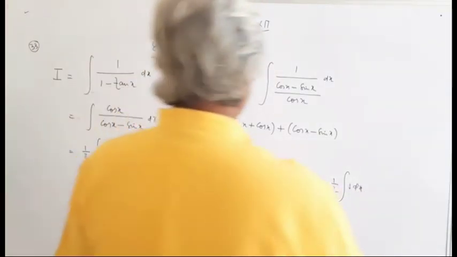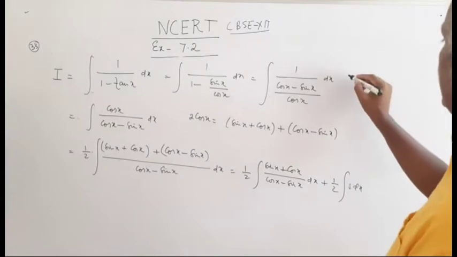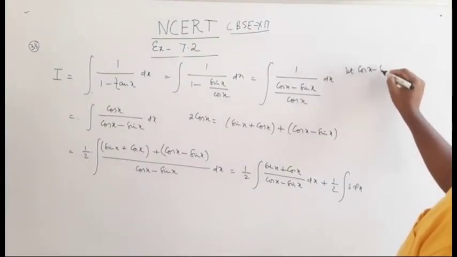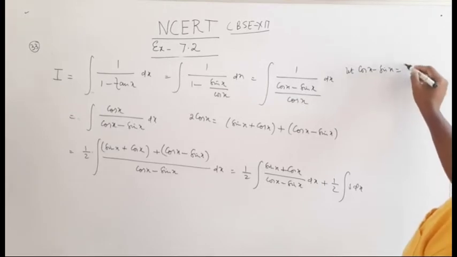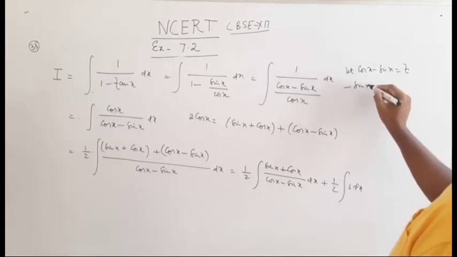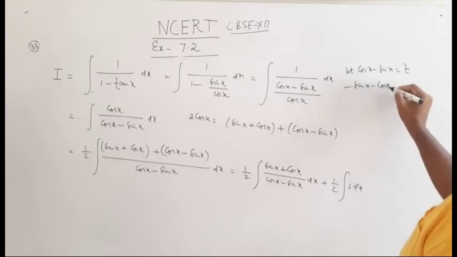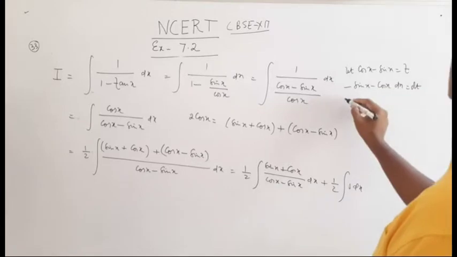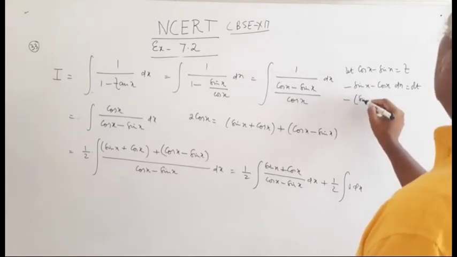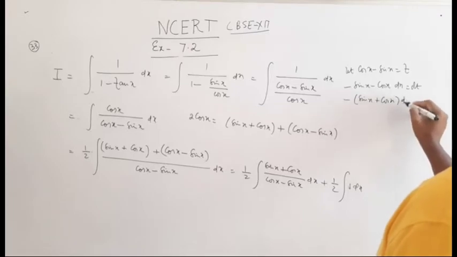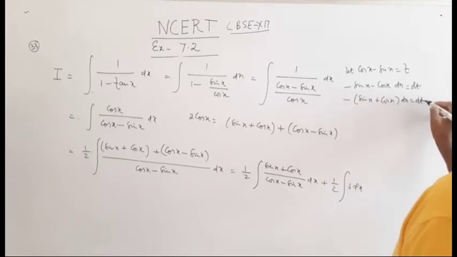Now in this form, let cos x minus sin x be t, so you get minus sin x minus cos x dx as dt. If you take minus common, it is sin x plus cos x dx as dt.